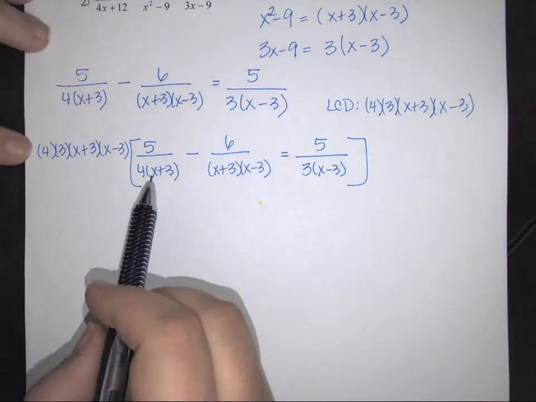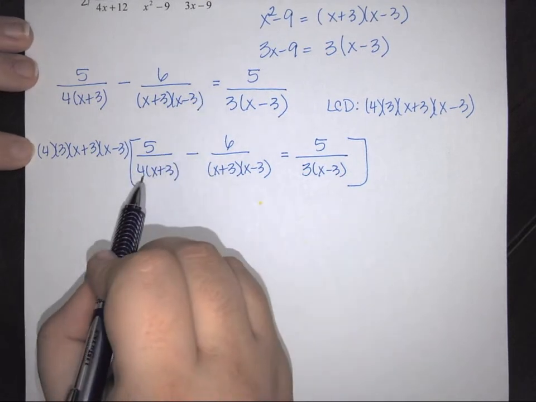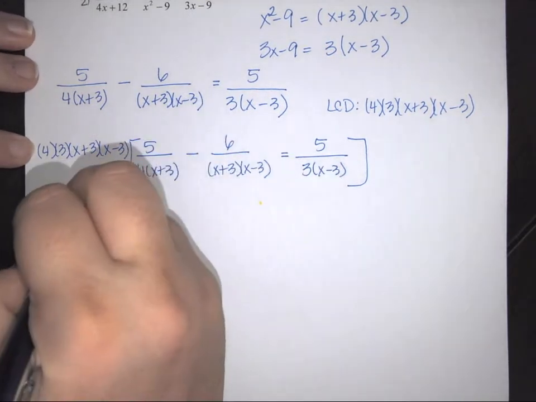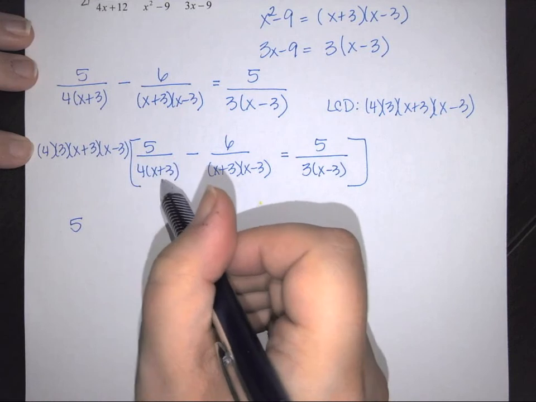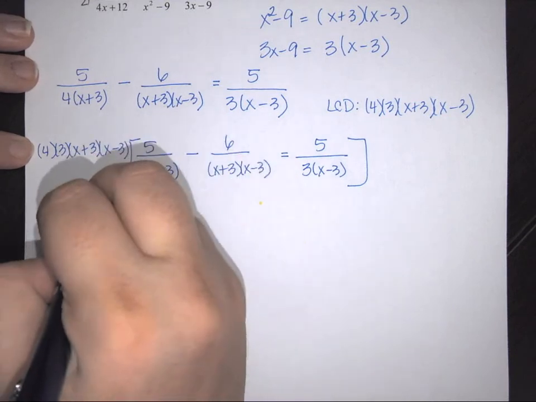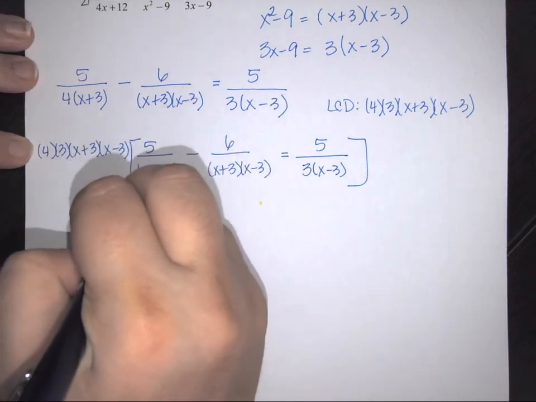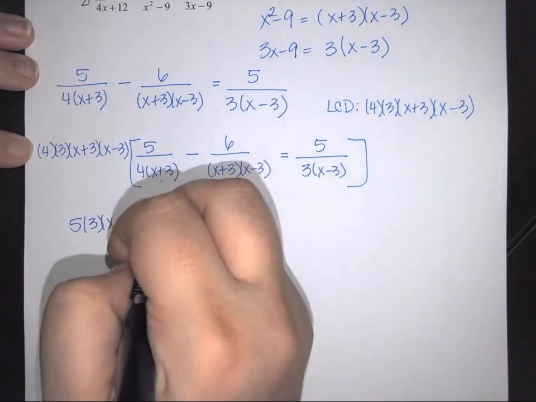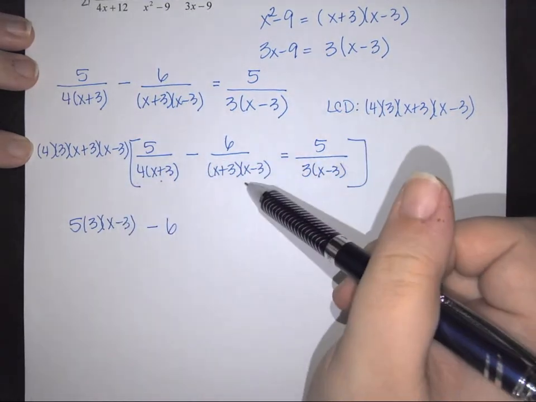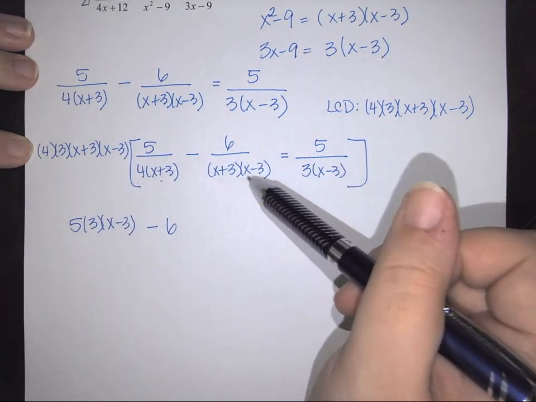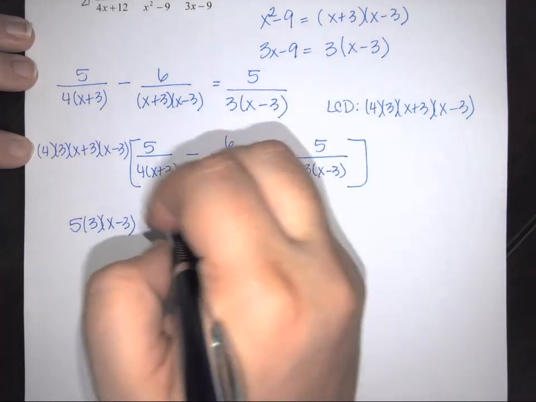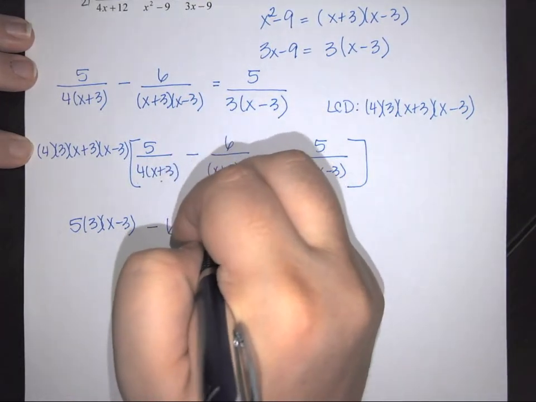I have to multiply all the way through. So when I look at this first one, the 5 is going to come through. The 4 and x plus 3 go away, leaving behind 3 and x minus 3. Then I'm going to subtract the 6. If I look at my second one, the x plus 3 and x minus 3 go away and leave behind a 4 times a 3.